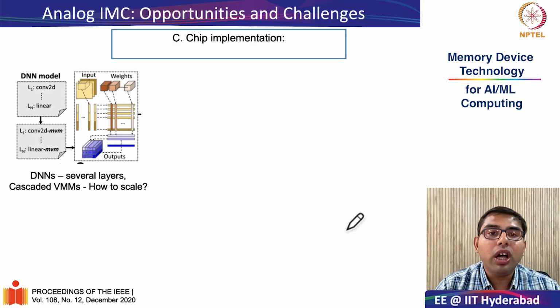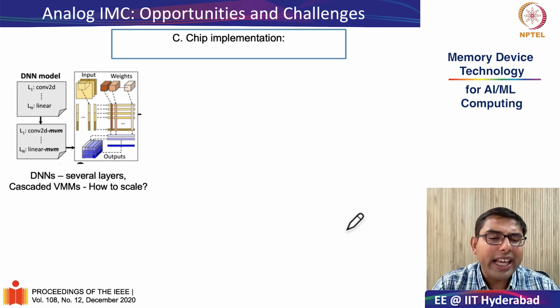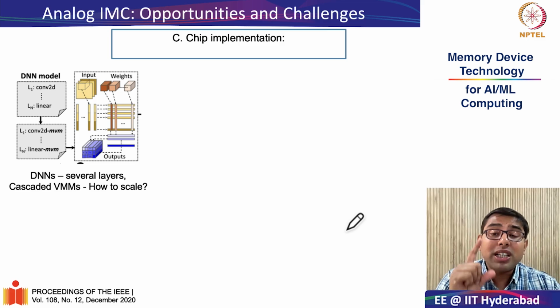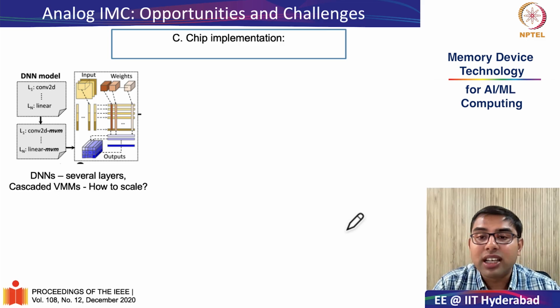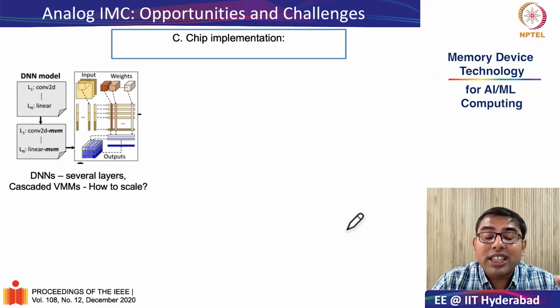Next, we move on to the chip level implementation of analog in-memory computing. So far, we have looked at a single analog in-memory computing tile and seen how it very nicely performs a vector matrix multiplication just in one step. But still a main question remains: how do we use this basic building block to accelerate an entire deep neural network?